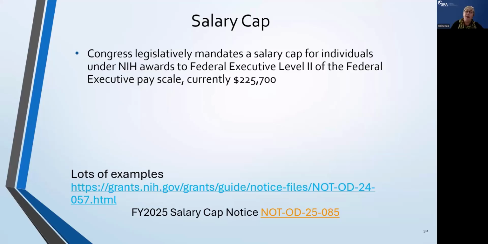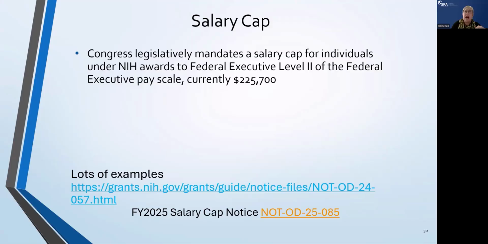So if they're in a 9-month appointment, you have to back it in to figure out the monthly. If you want to know what that means, you take the 225,700 divided by 12, and that's the monthly limit of their salary. And in fact, you can take that number, multiply it by 9, and that's their 9-month salary limit.